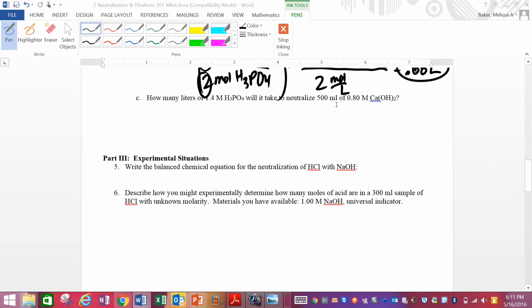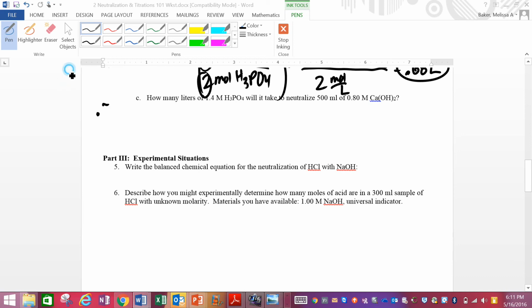And then the last one here, it says how many liters of a 1.4 molar acid would it take to neutralize 500 milliliters of a 0.8 molar calcium hydroxide? Well, first we've got to figure out how many moles of calcium hydroxide we are trying to neutralize here.